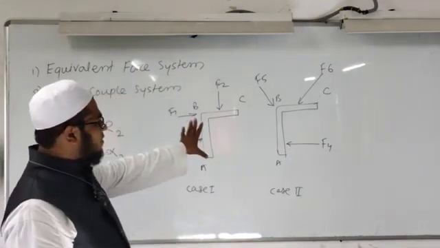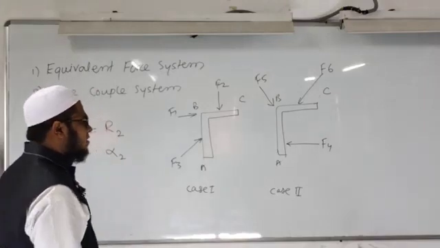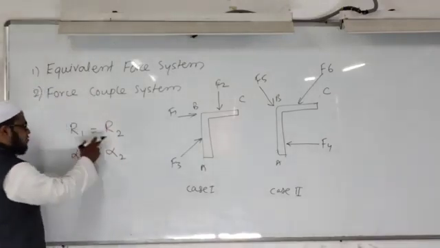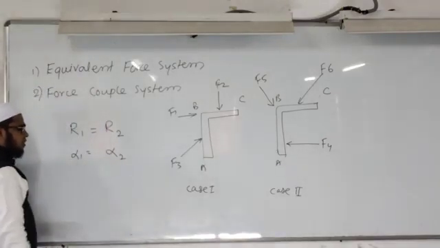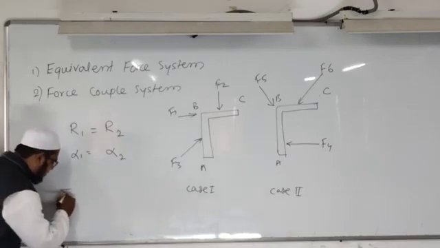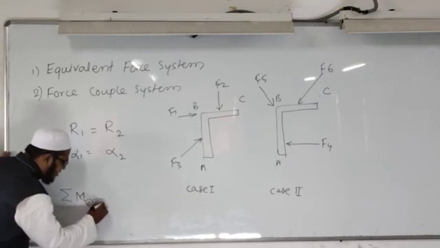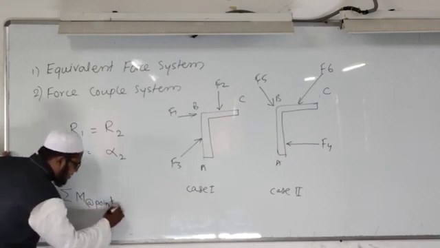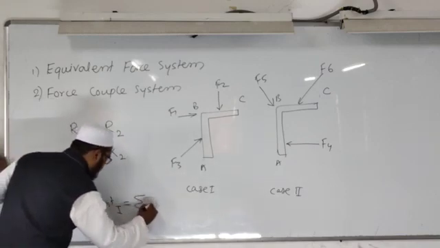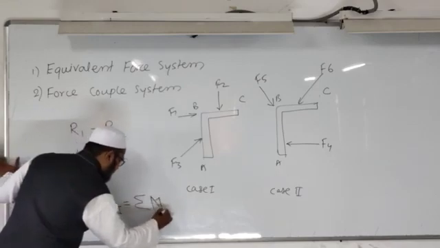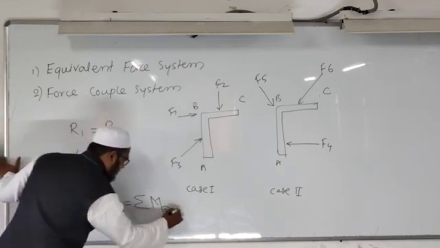But whenever a non-concurrent force system is there, along with R1 equal to R2 and alpha 1 equal to alpha 2, we also have to consider that the summation of moment about a point for the first case should be equal to the summation of moment about the point for the second.